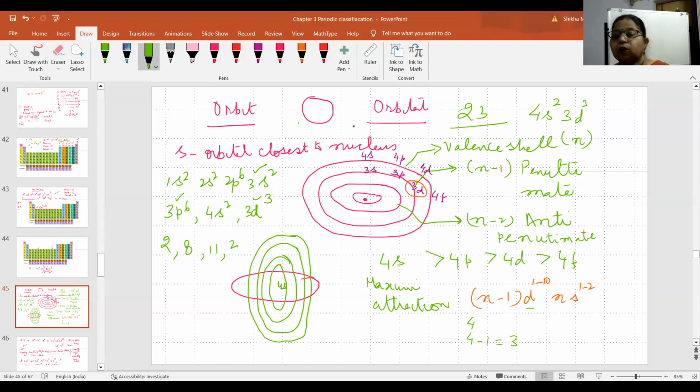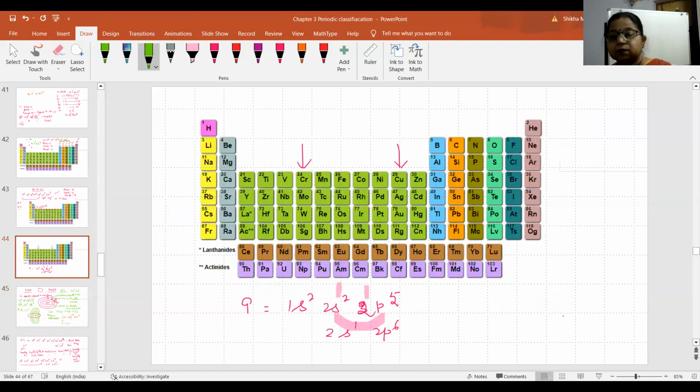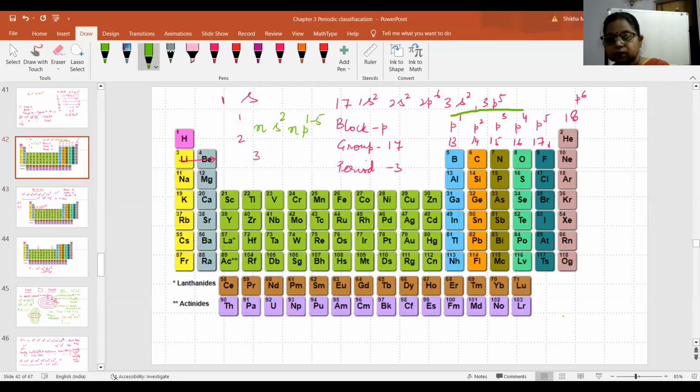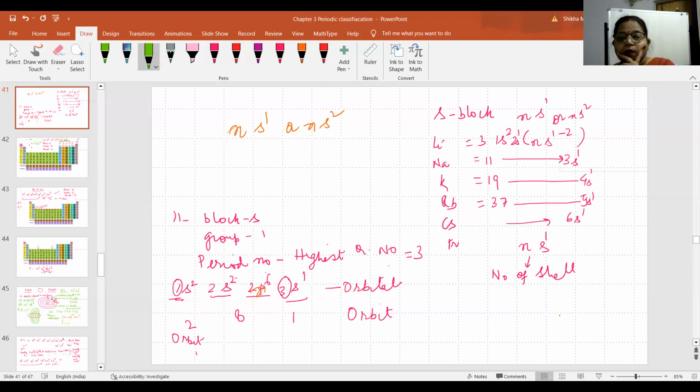Got it? So that is how you have to represent the electronic configuration of the d block elements, n-1, d1 to d10, ns2. Like I have told you, the exception of chromium and copper, 24 and 29, we have to remember that it will be n-1, d5 or d10, and ns will be 1.